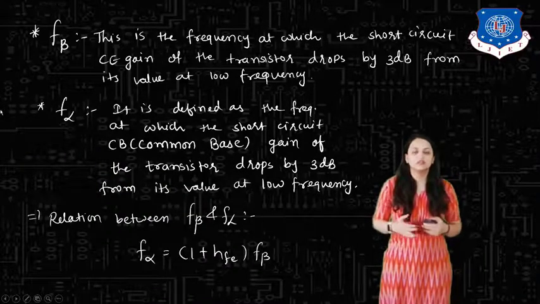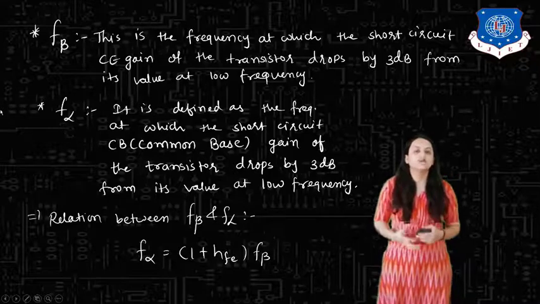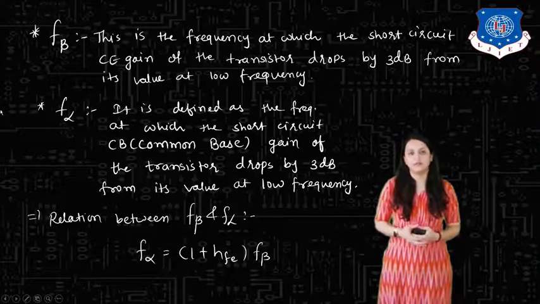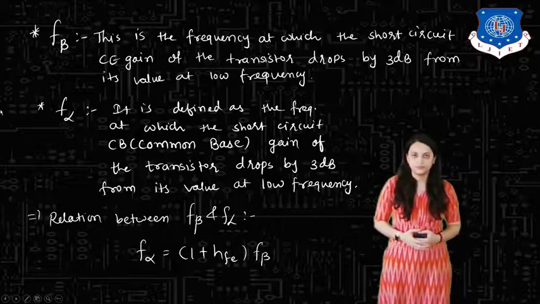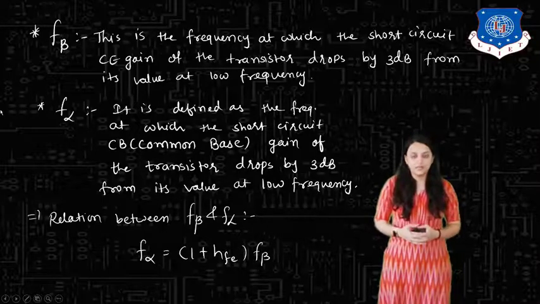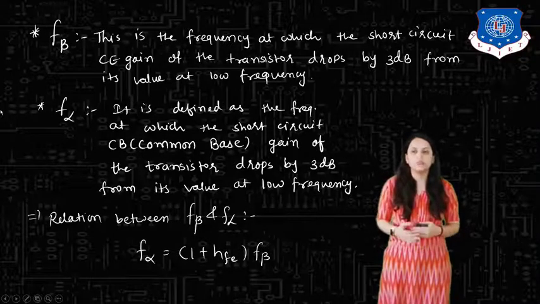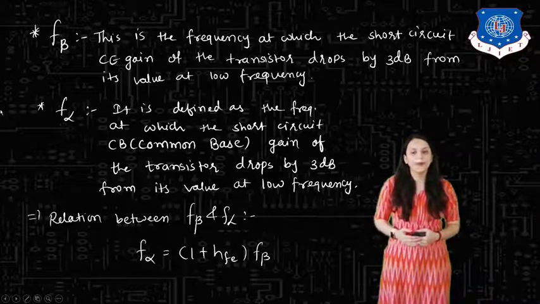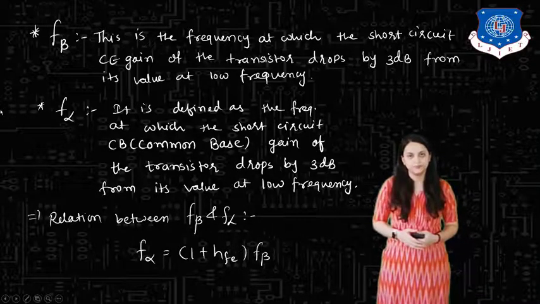Now we have seen cutoff frequencies f alpha and f beta. Let us conclude how we can define f alpha and f beta. First, f beta is the frequency at which the short circuit CE gain of the transistor drops by 3 decibels from its value at low frequency.